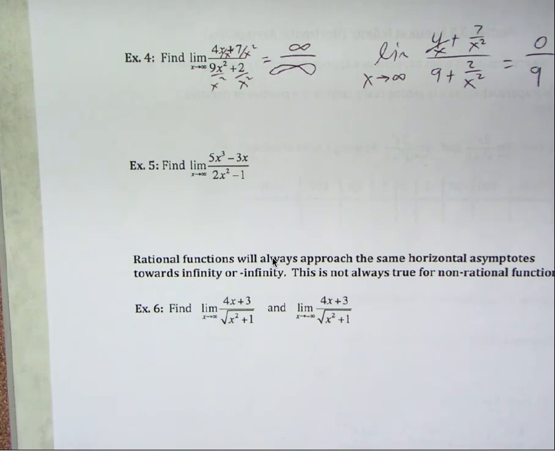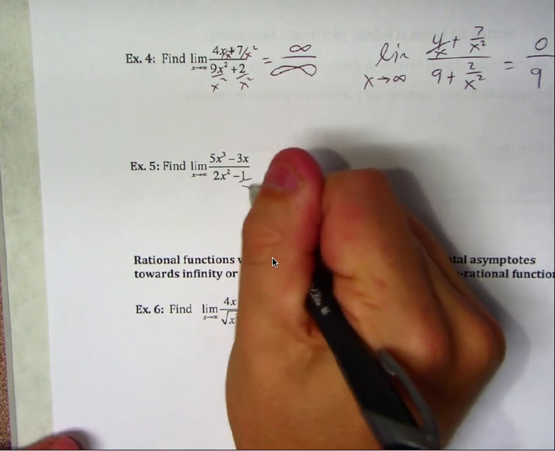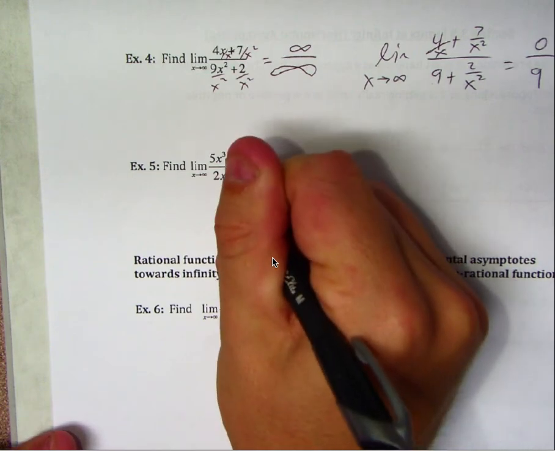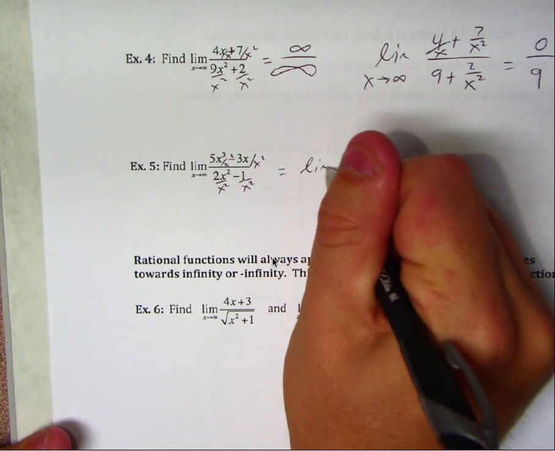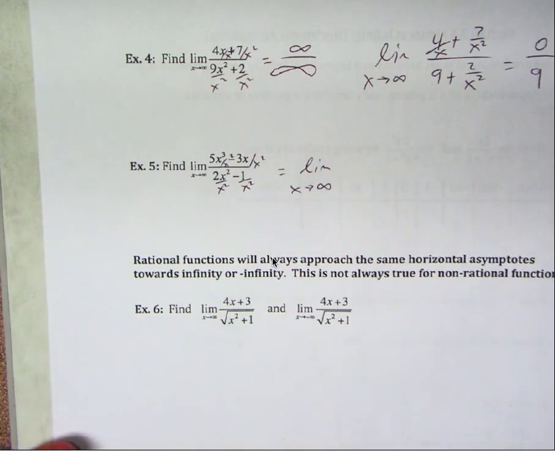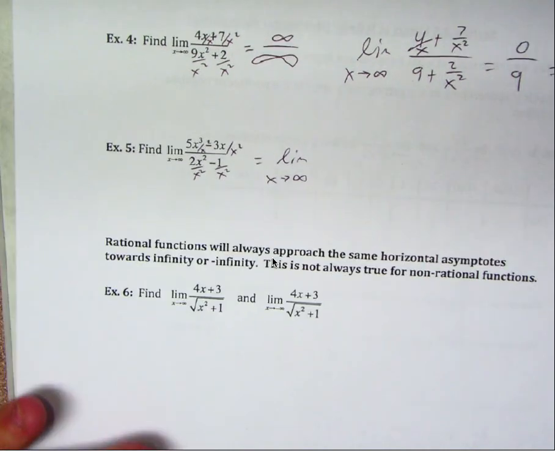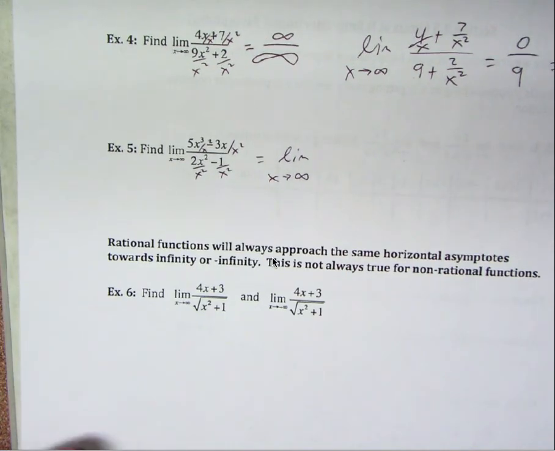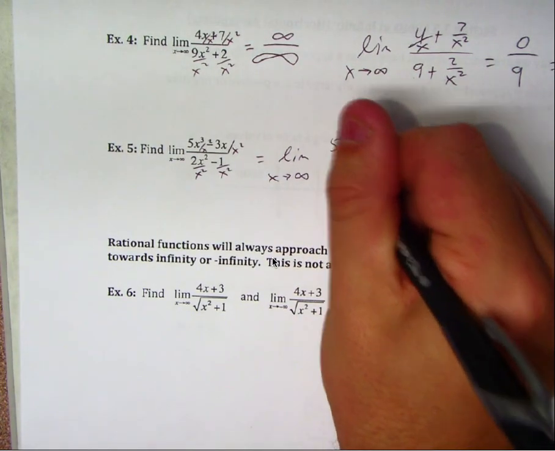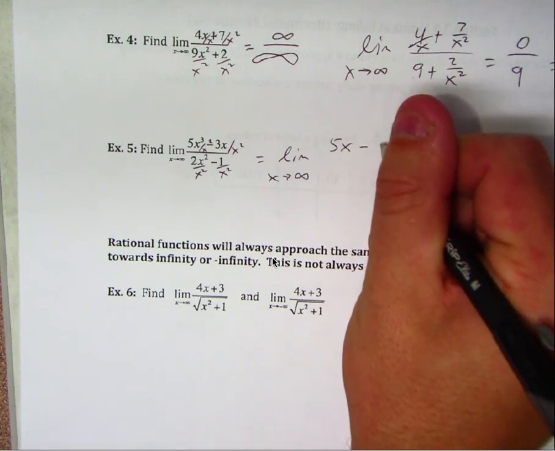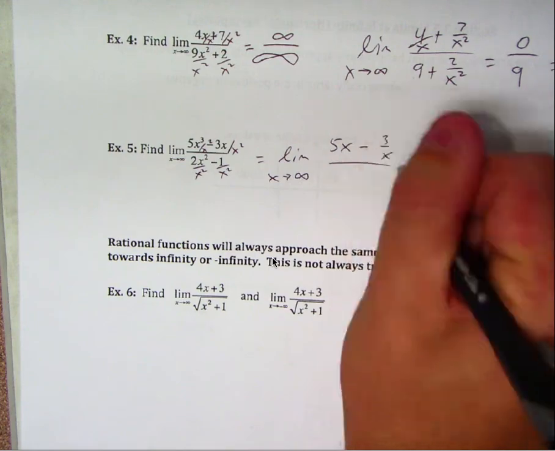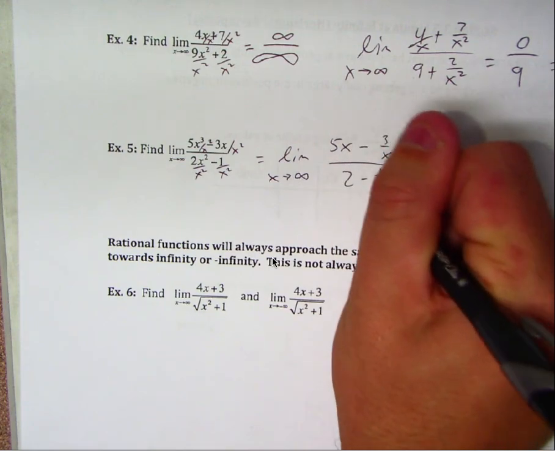In this case, let's divide everything by x squared. We have the limit as x approaches infinity of 5x minus 3 over x over 2 minus 1 over x squared.